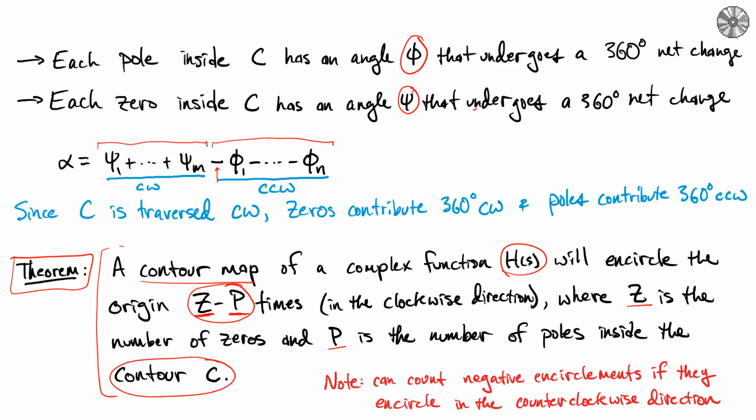And so we're going to pick a contour that helps us identify things in the right half plane. Throughout this discussion, note that you can count a counterclockwise rotation as a negative clockwise rotation. So the negative of a clockwise rotation is a counterclockwise, and the negative of a counterclockwise is a clockwise rotation.